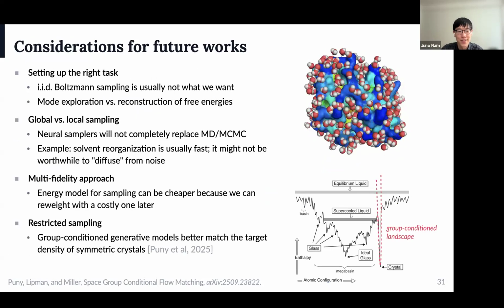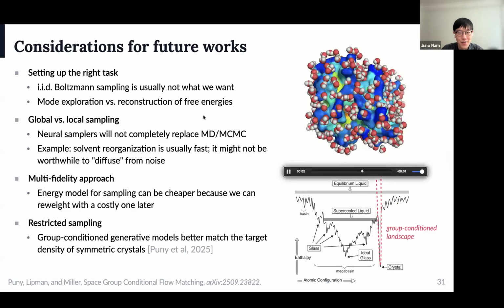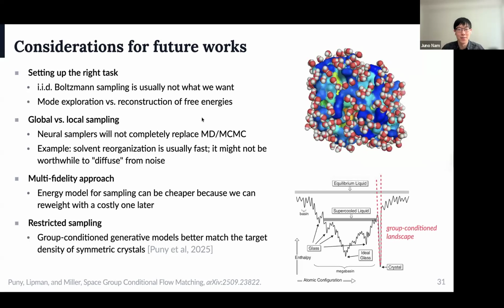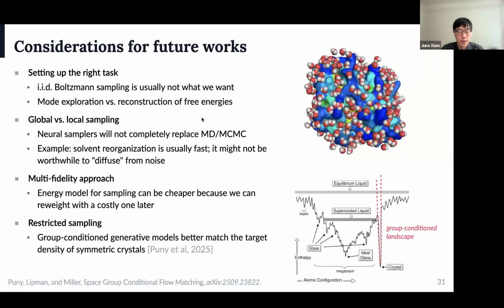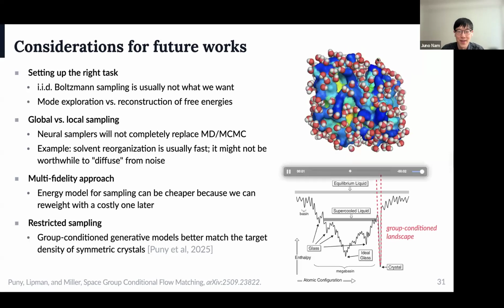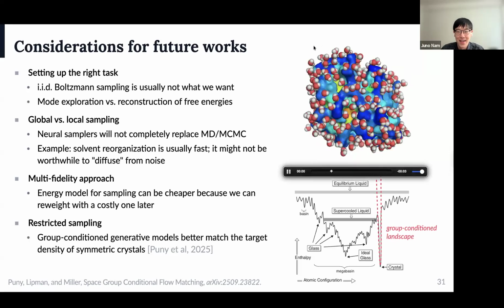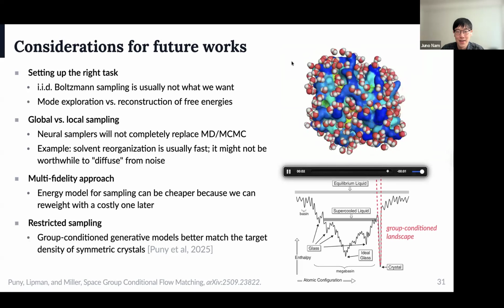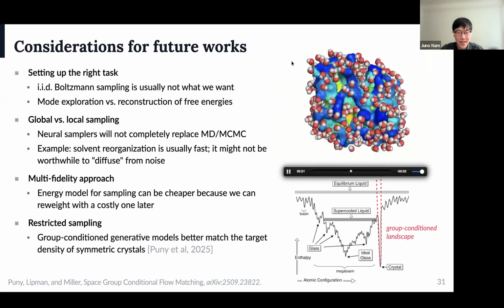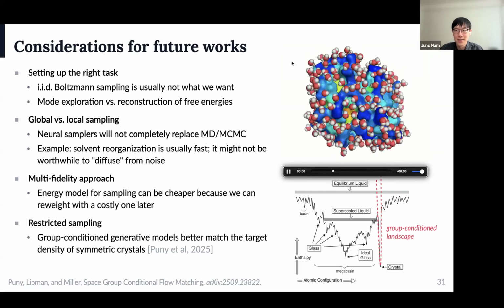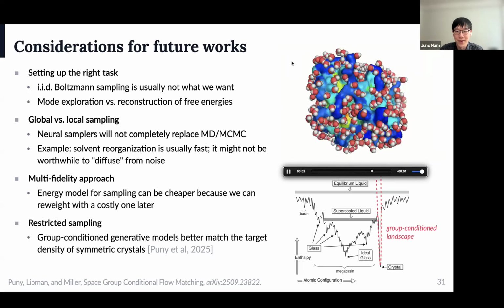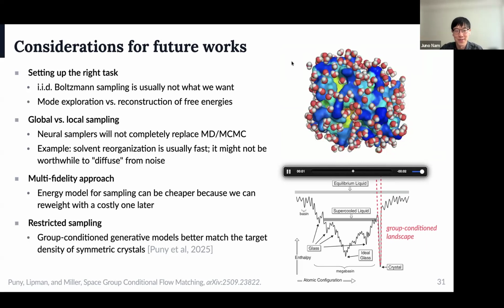Maybe for future work, one of the important features is when we want to scale this approach, or diffusion samplers in general, to larger constructs like a protein solvated in water. There's a challenge: the conformational changes in a protein are usually slow, sufficiently slow that building an IID sampler for that system is meaningful.